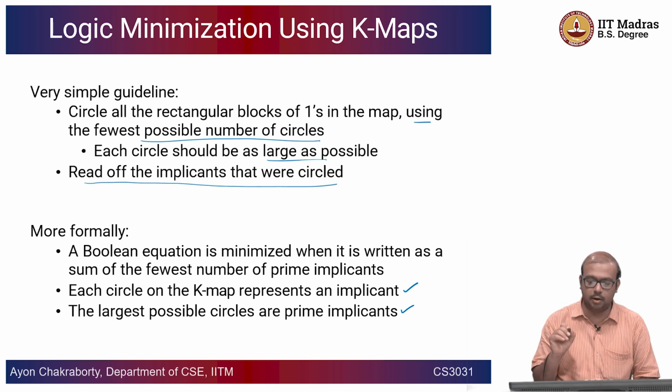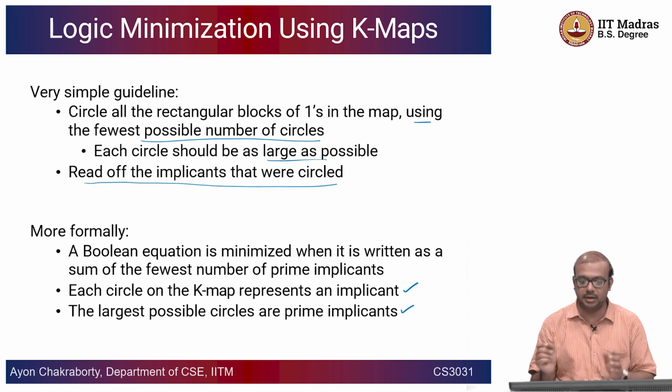So, for a given output entry, you have to create the Kmap and then put the corresponding ones, which are appearing in the truth table, into the Kmap grid, that matrix or table that we are trying to create from the truth table.